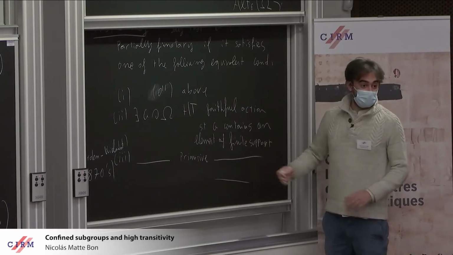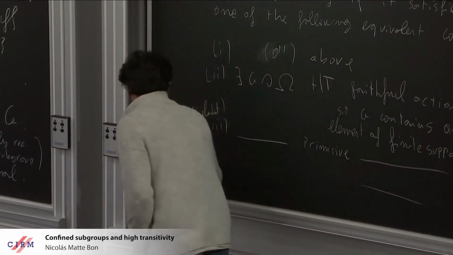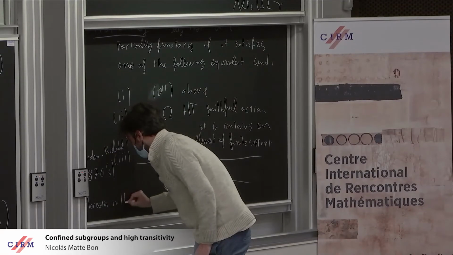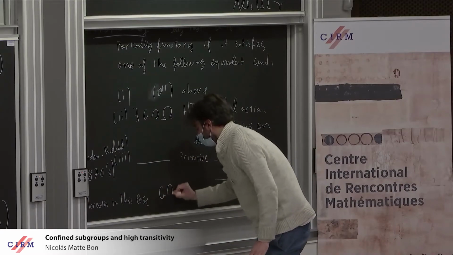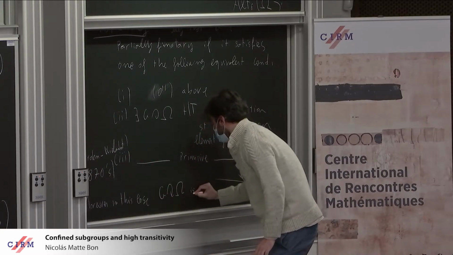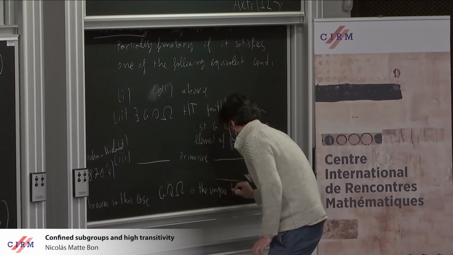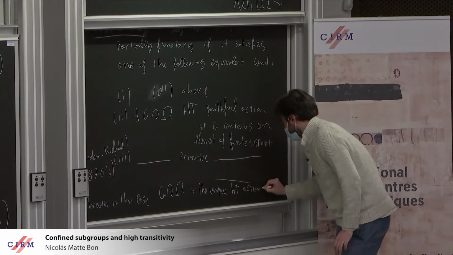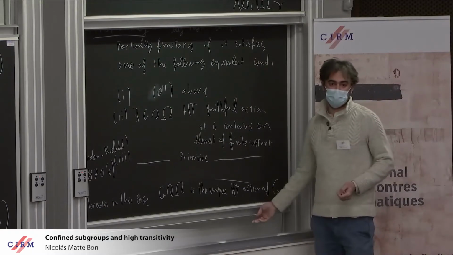So it's a class of groups that we understand very well. And moreover, in this case, the action of G on the set omega that appears is the unique highly transitive action of G. Okay?